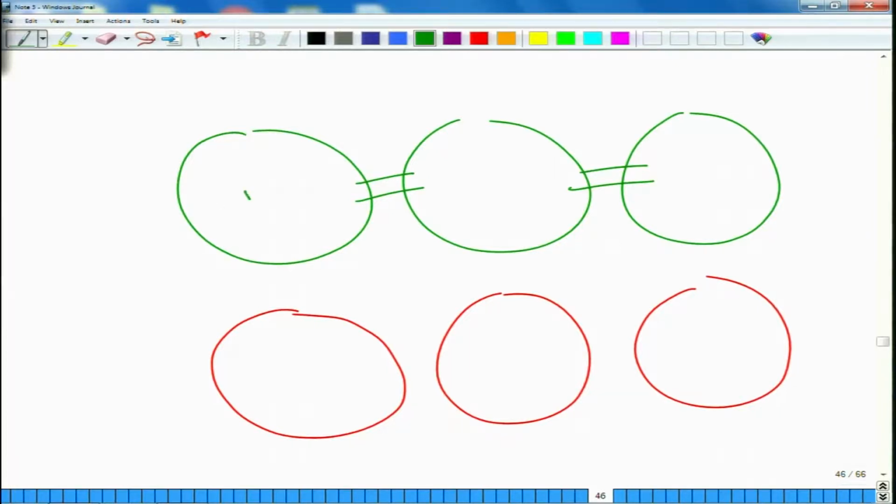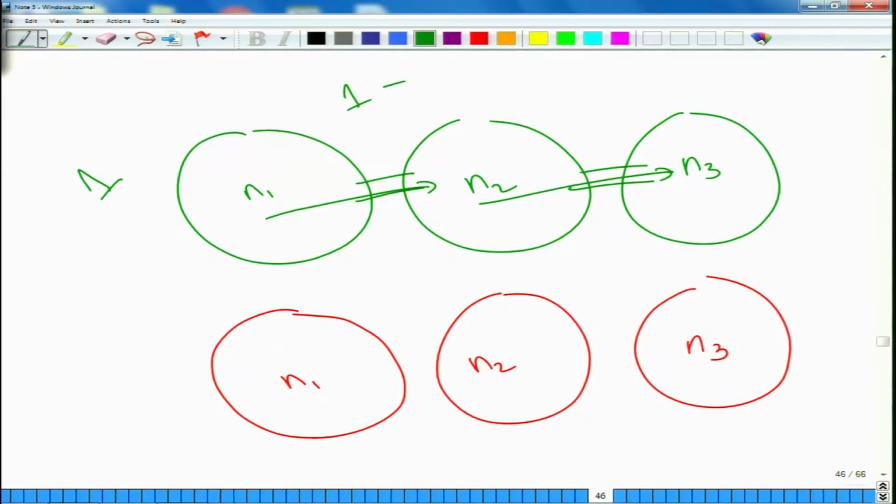Now, suppose we have N1 animals here, N2 animals here, N3 animals here for any particular species, and the same numbers here, N1, N2 and N3. Because in the first scenario the animals are able to move from one reserve to another, we have only one population whose size is N1 plus N2 plus N3.